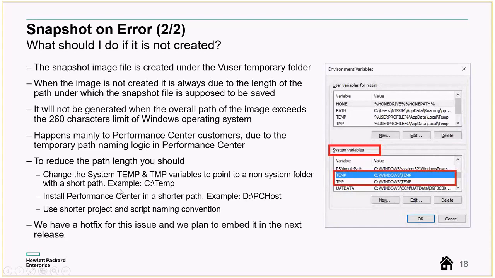Putting that aside, we do have a hotfix for this issue, and we plan to embed it in the next release. So these are just best practices. The first one is mandatory. You have to exercise that. The second two, like with the Performance Center path and the project and script naming convention, it's really up to you. If you want to avoid issues, it's recommended.